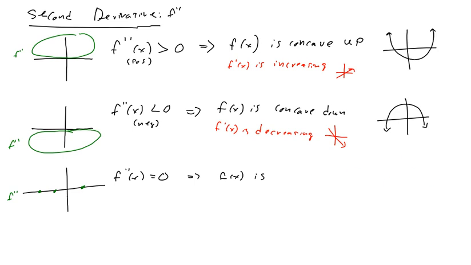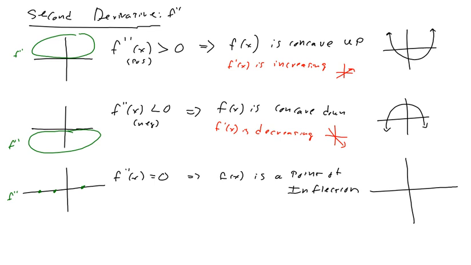So I said it earlier. Yes, a point of inflection. We call that a point of inflection. And it is the locations where the curvature changes. Right? This is the transition. You are transitioning from concave up to concave down.